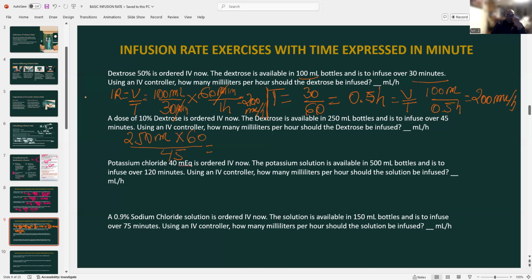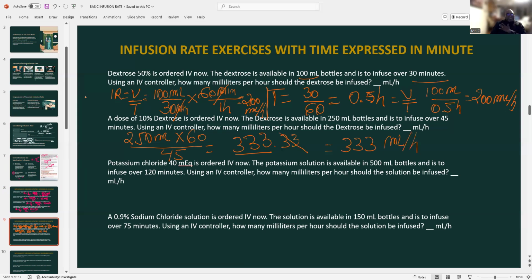Your infusion rate must be a whole number. This is what I was showing you earlier. We got 333.33. Since we need to stop at the whole number, we look at the number that comes right after the decimal. If that number is less than 5, we drop everything beyond the decimal point and keep only the whole number, which is 333 milliliter per hour.